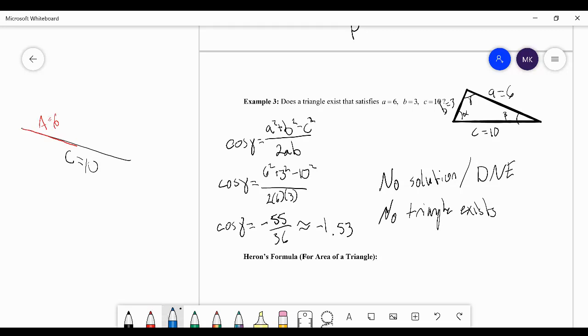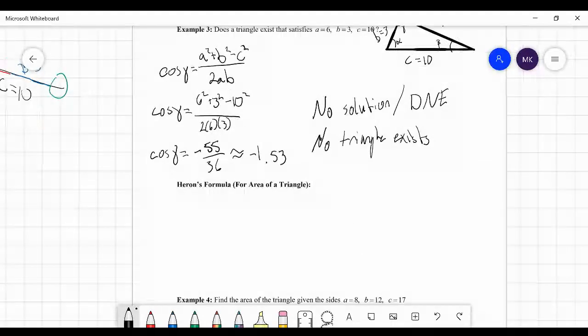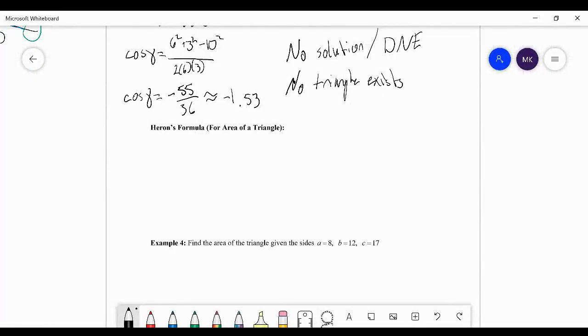Now in green, I'm going to do B, which is 3. I have this one left over, which means that no matter how I arrange these, I just end up with something that has a big gap and it is not actually a triangle. All right.